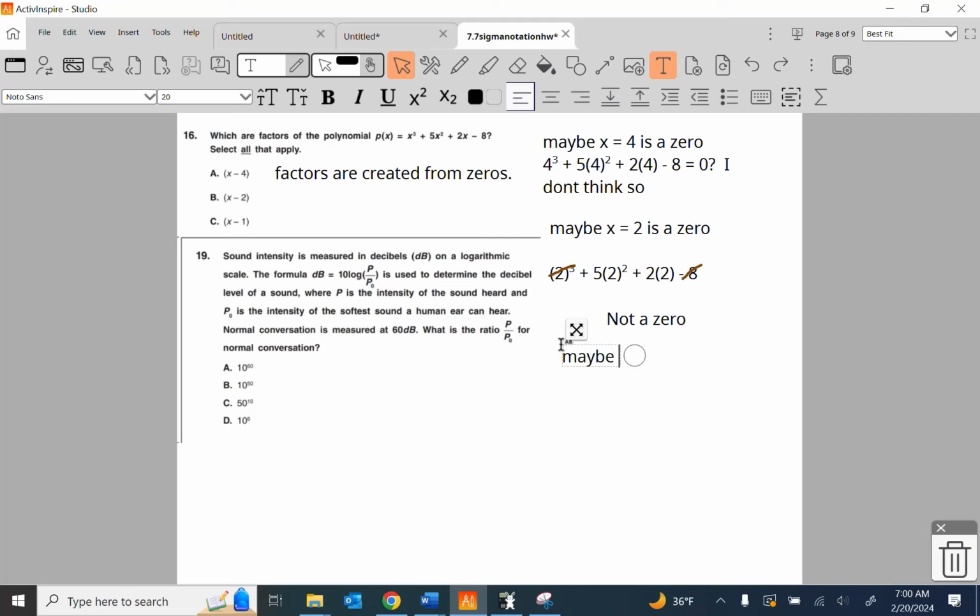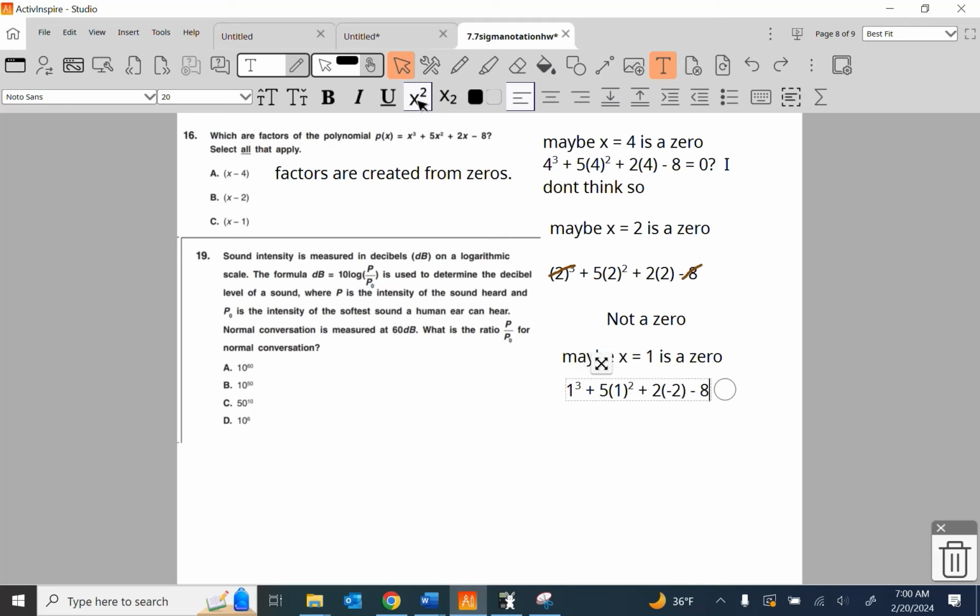All right, so moving on. Maybe x equals 1 is a 0. Now, half of you haven't figured out change signs yet, but I'm changing this sign. This one has a good chance. 1 cubed plus 5 times 1 squared plus 2 times negative 2 minus 8.